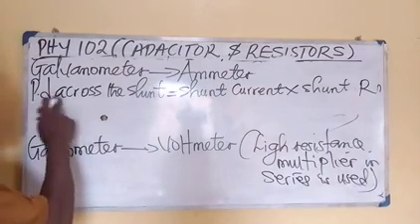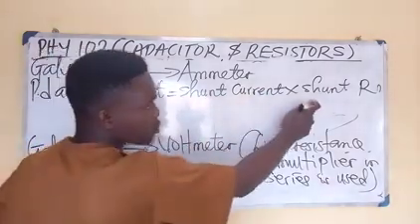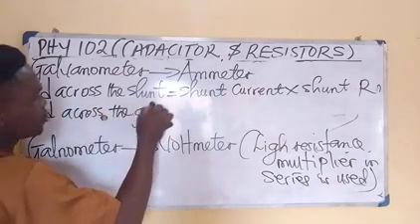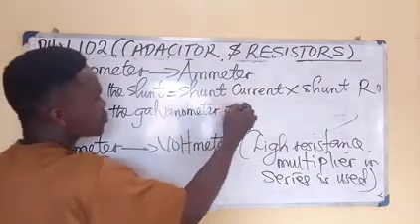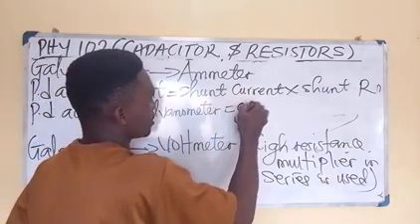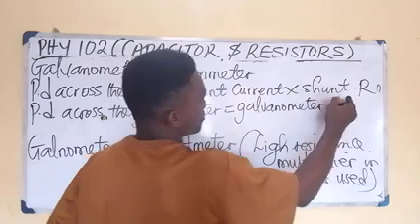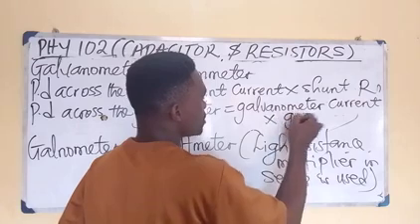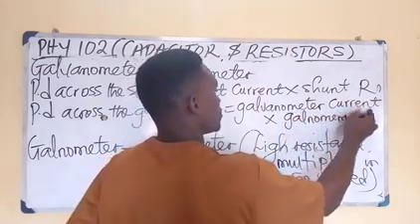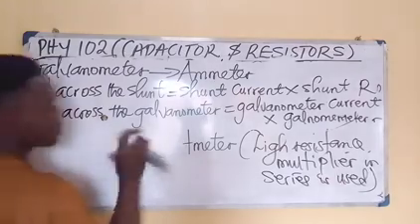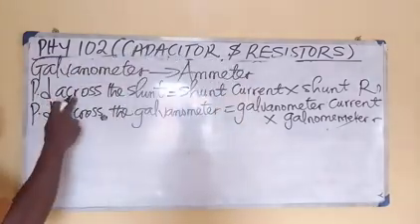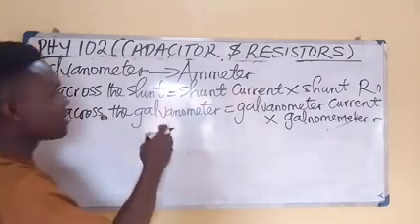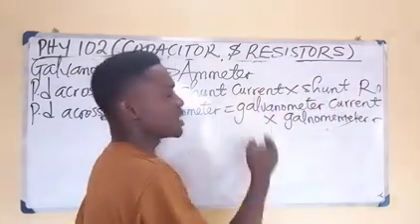The potential difference across the galvanometer is equal to the galvanometer current times the galvanometer resistance. So that is for the first approach.